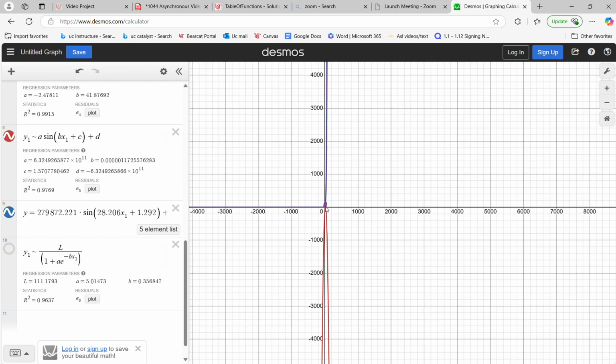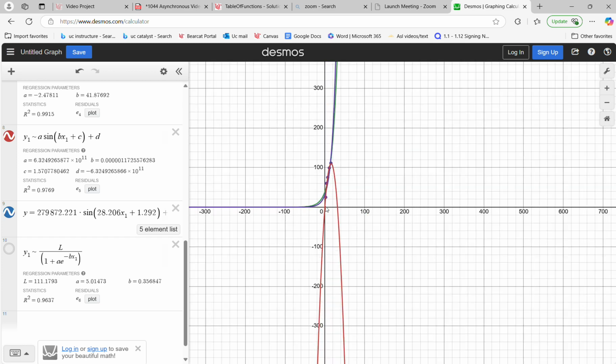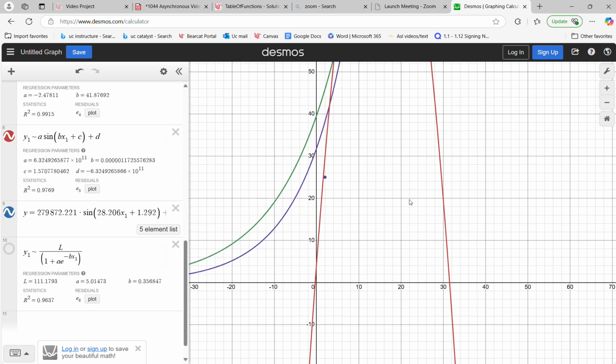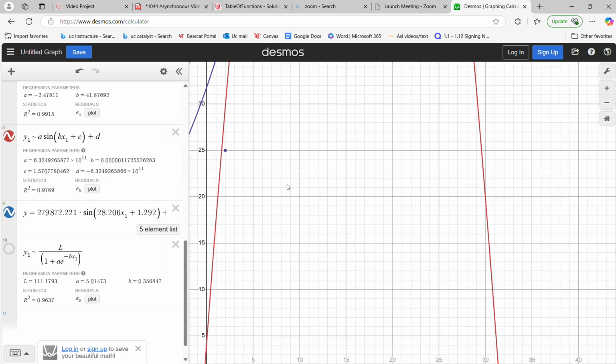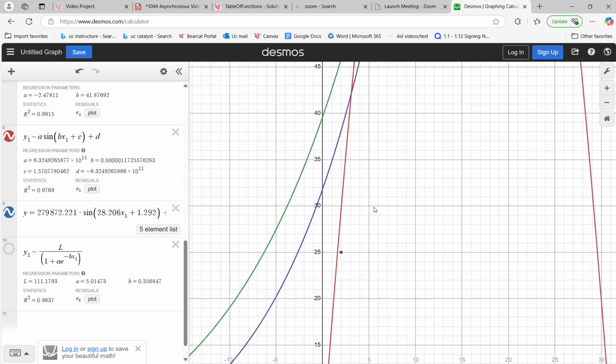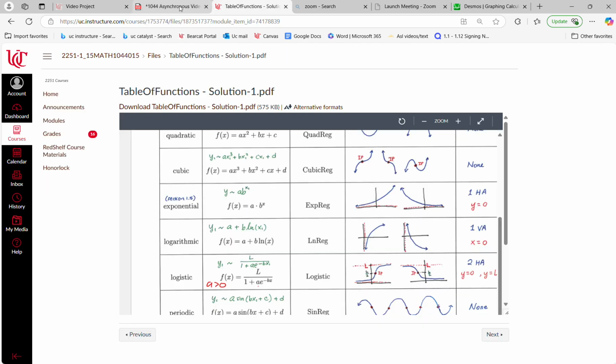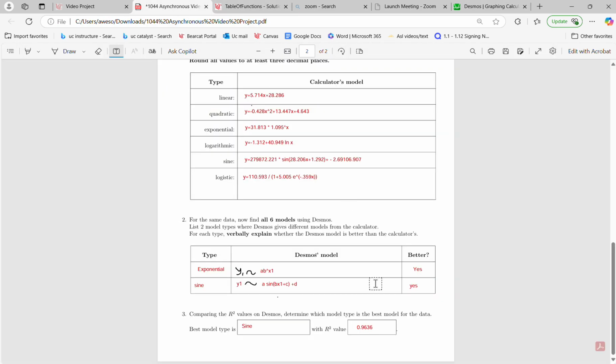So what we had to do is take our numbers from the other calculator, plug them into sine, and we get this. And we found out that more of the numbers are closer to the Desmos graph than our sine graph, which concludes that the Desmos graph is more accurate.